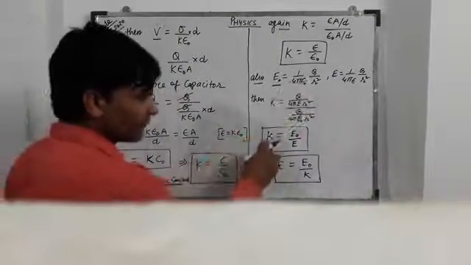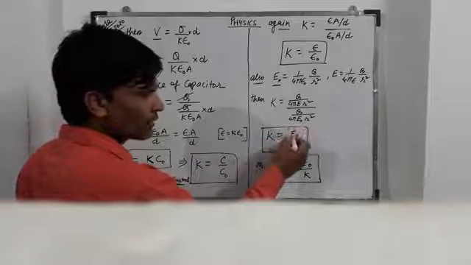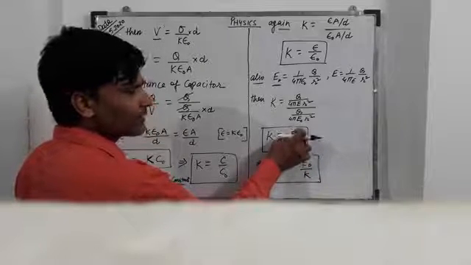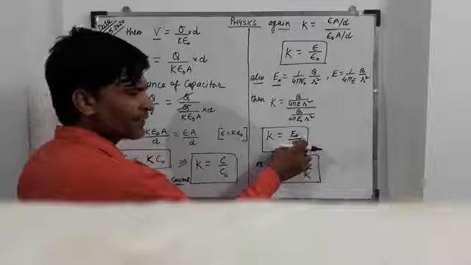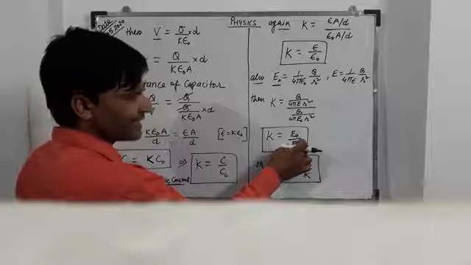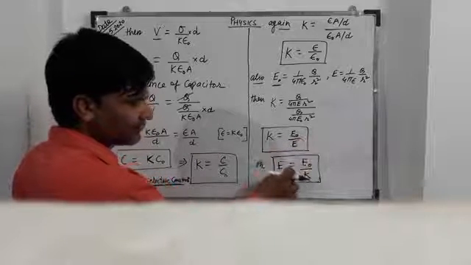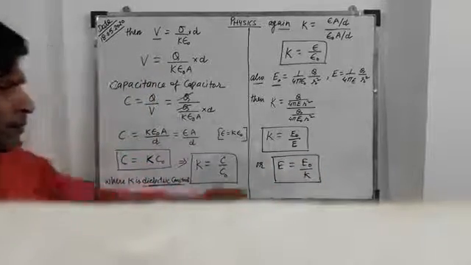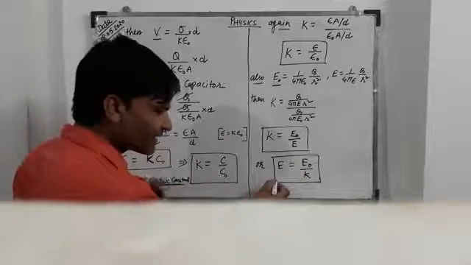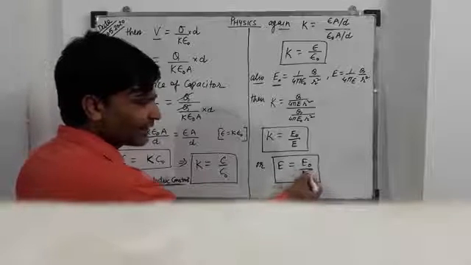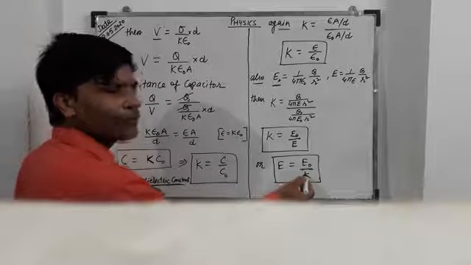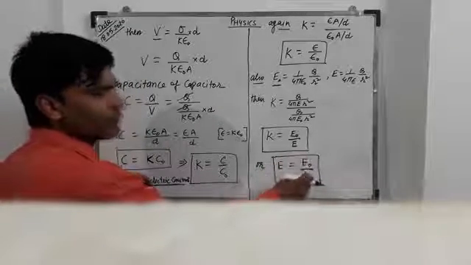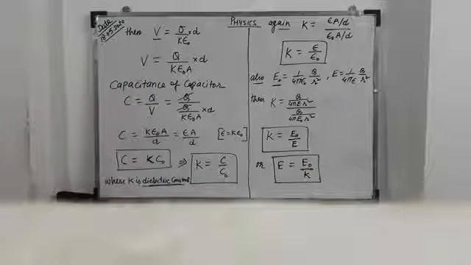From this, we get k is equal to E naught upon E, the electric field in the presence of air upon the electric field in the presence of dielectric. Then the electric field E is equal to E naught upon k. From this, it is clear that the electric field in the presence of a dielectric is decreased by a factor 1 upon k.